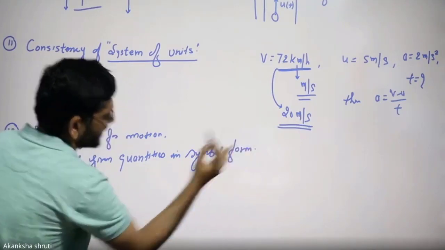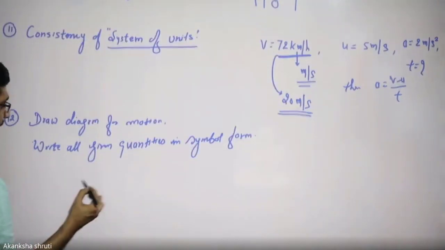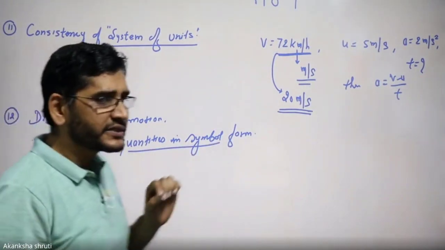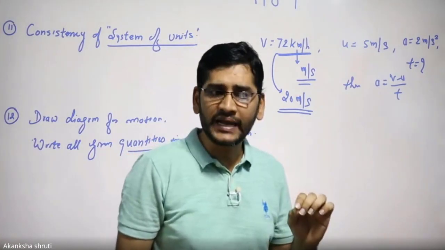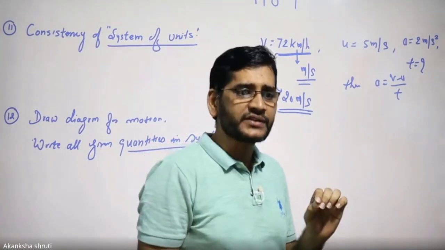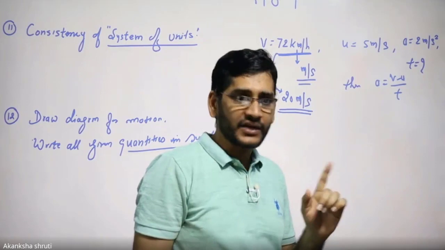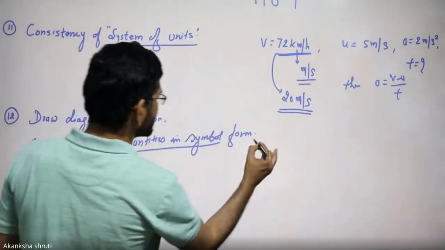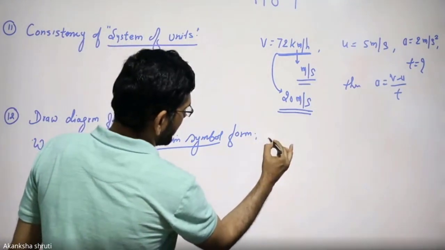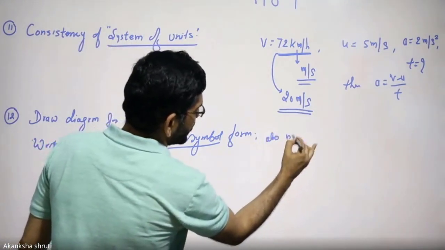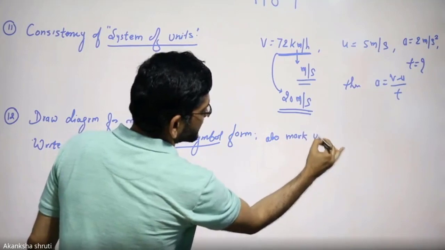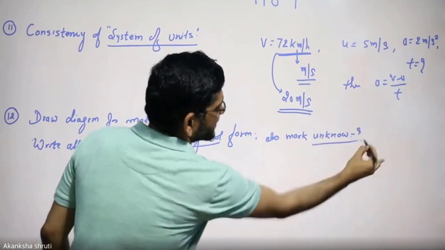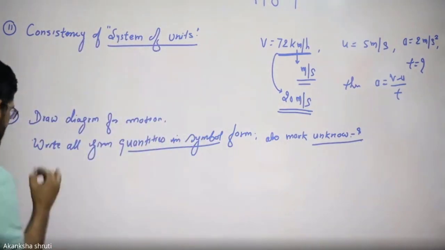Very important thing. Then after writing the quantities in symbol form, you have to search for the formula which is correlating the given quantities and the unknown also. Okay, student? Also mark the unknown. Mark unknown means what is to be calculated, that also you have to write in symbol form.